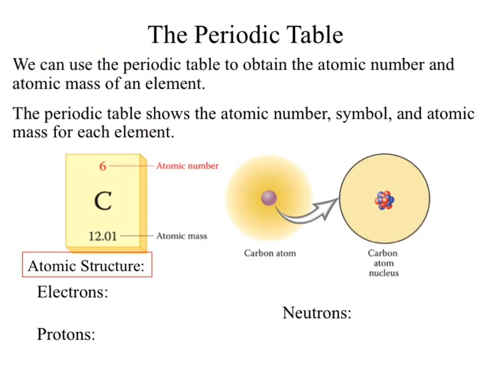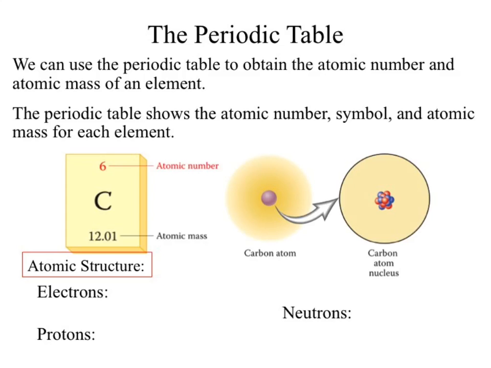What does a proton tell you? Positively charged, true, but what does that tell you about the element? If I give you one proton, what element are you? If I give you 2 protons, 3 protons, 6 protons. As we shift through our table, those atomic numbers go up based on the number of protons.